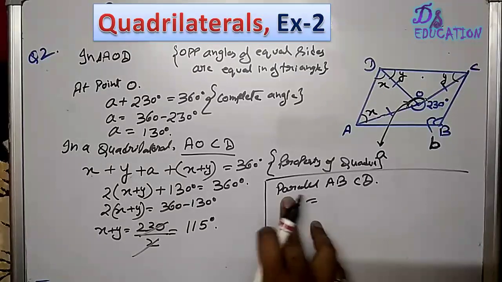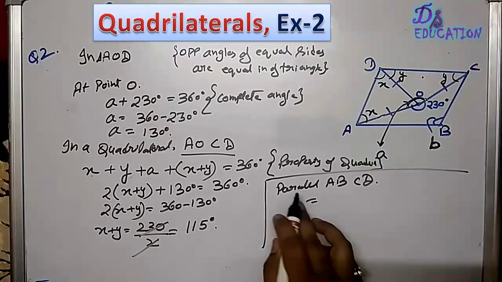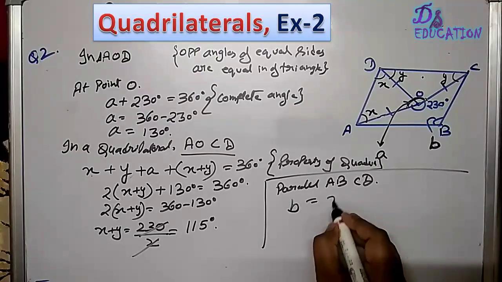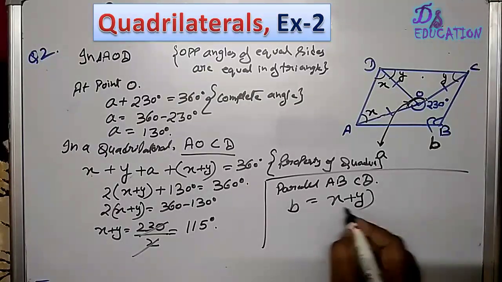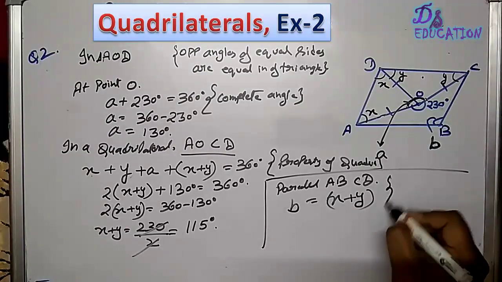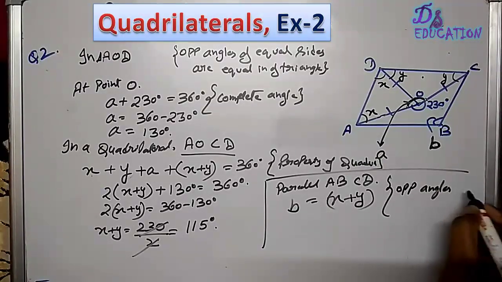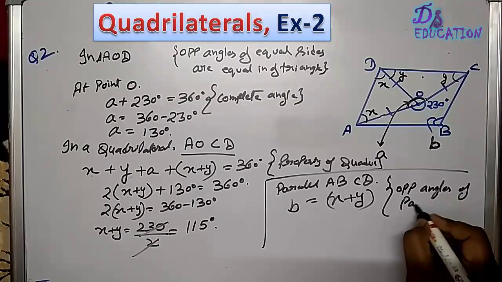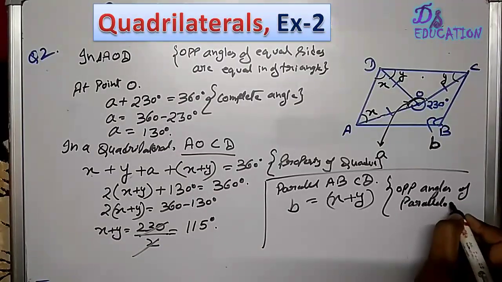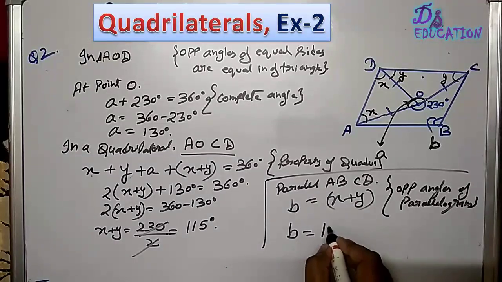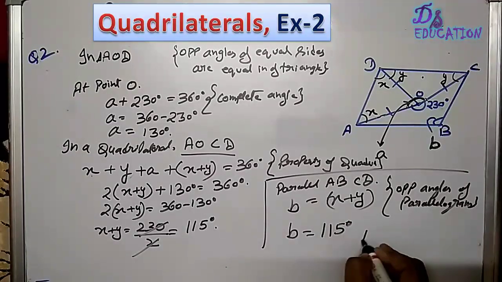Now in place of x I have taken B. So in a parallelogram ABCD, B will be equal to x plus y. Why? Opposite angles of a parallelogram. So B will be equal to 115 degrees, and that will be your answer.